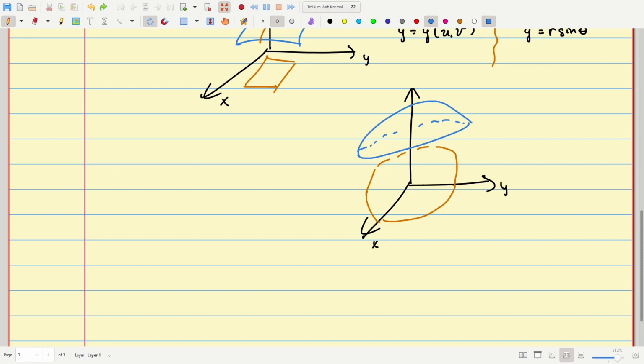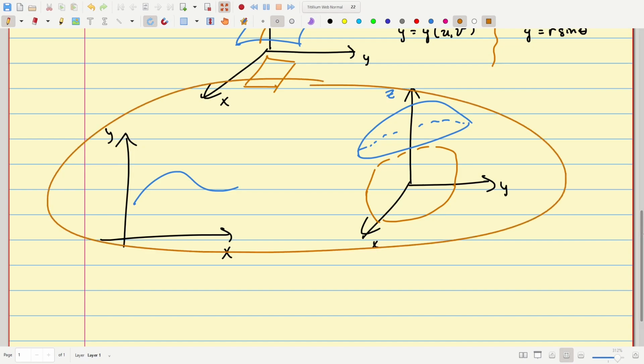Now, a graph is a picture where we have some independent variable and some dependent variable, and we plot the dependent variable in terms of the independent variable, and we have this nice picture here, right? Okay, that's what both of these things are. These are both graphs.